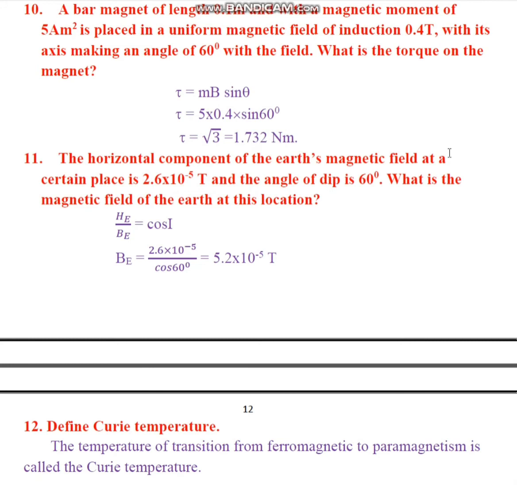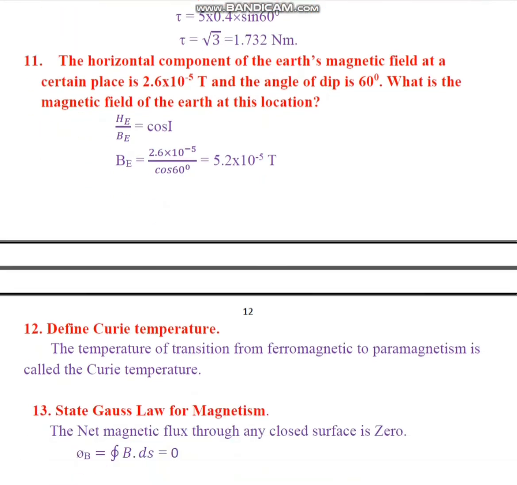Here m magnetic moment is 5, B magnetic field is 0.4, and sin 60 degrees is root 3 by 2. So 5 into 0.4 is equal to 2. Tau is equal to 2 into root 3 by 2. 2 will be cancelled. Tau is equal to root 3, that's equal to 1.73 Newton meter.